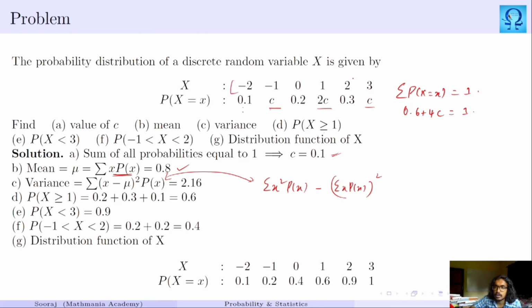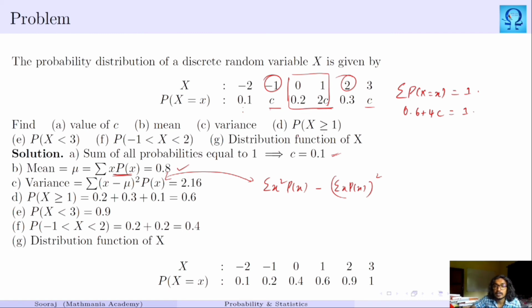All these values are smaller than 3, so we add the probabilities of all these 5 values, which is 0.9. Next, the probability of minus 1 less than x less than 2. Minus 1 and 2 are the extremes but they are not included, so only these two things, and that is going to be 0.4.